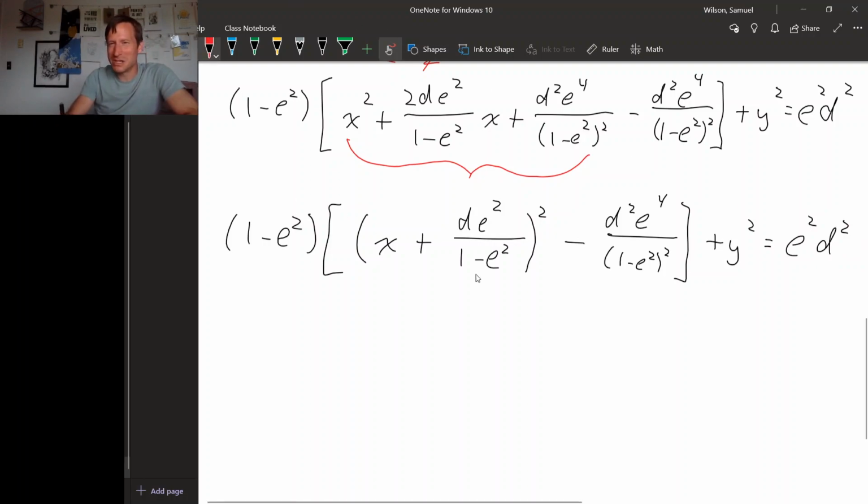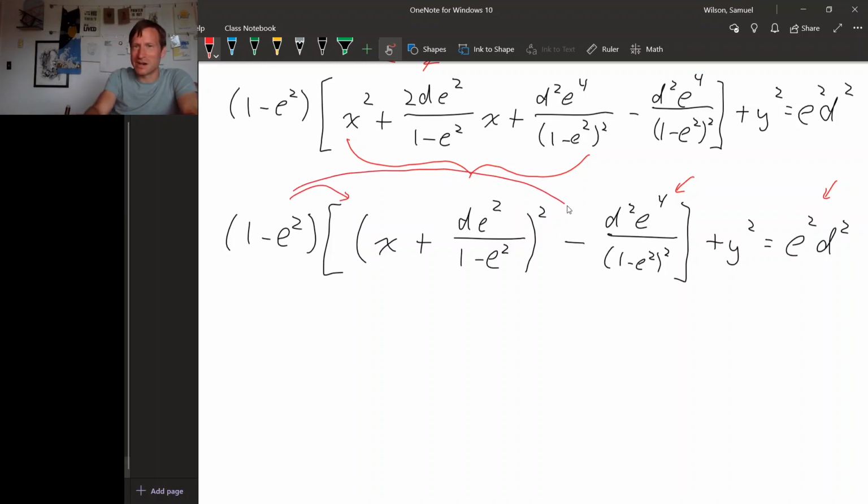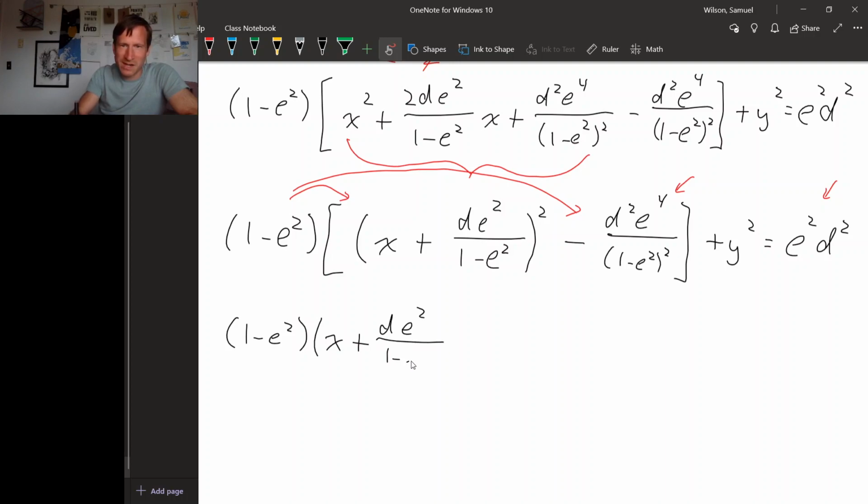Now probably we want to get our constant terms, these two terms, on the same side. So we're going to have to distribute this 1 minus e squared. So we get 1 minus e squared times x plus de squared over 1 minus e squared squared minus, and now distribute the 1 minus e squared to this constant term, but that just cancels a factor of 1 minus e squared.